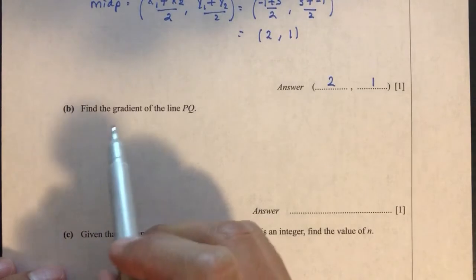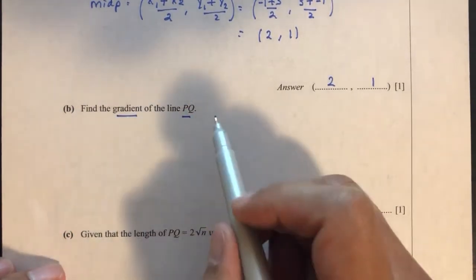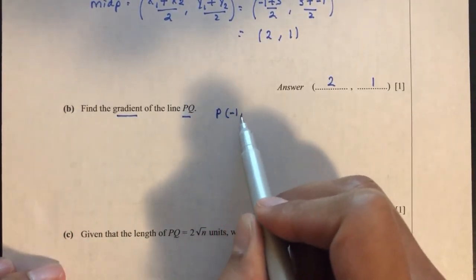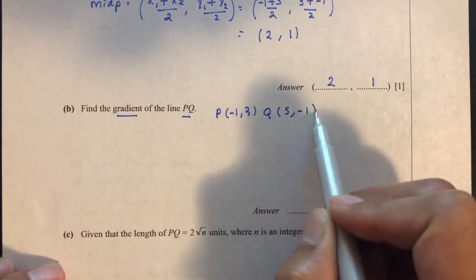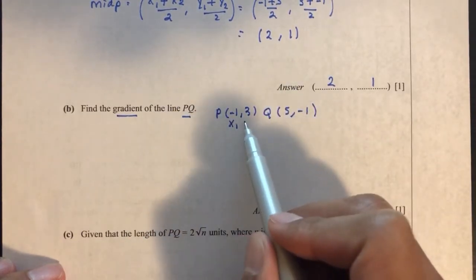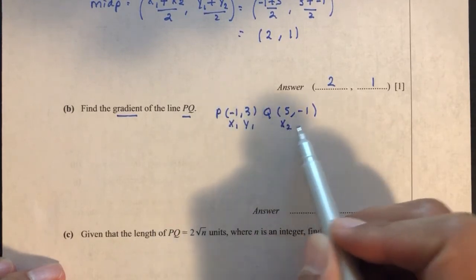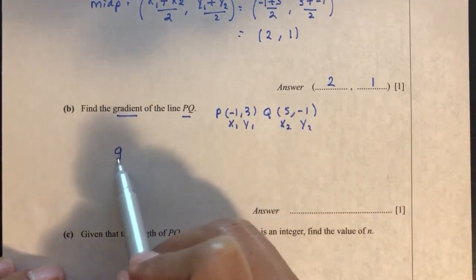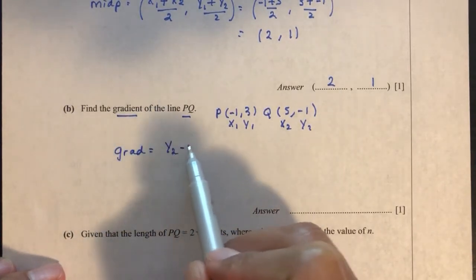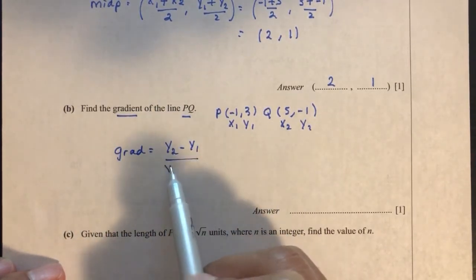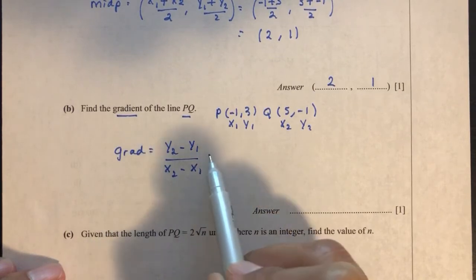Part B. Find the gradient of the line PQ. P is a point minus 1, 3. Q is 5, minus 1. This is x1, y1, x2, y2. Gradient is equal to y2 minus y1 divided by x2 minus x1.